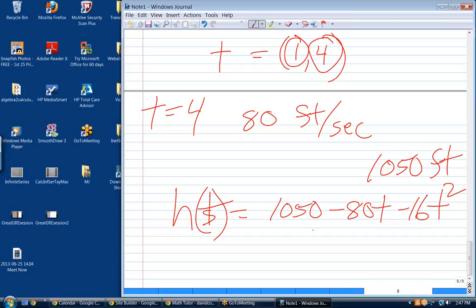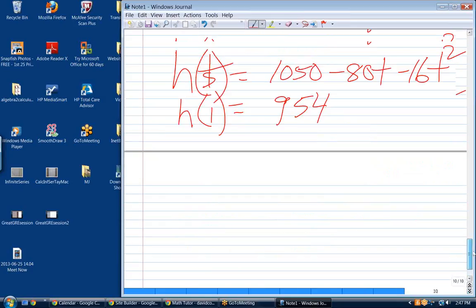So let's figure out h of 1. That's 1050 minus 80 minus 16. So 1050 minus 96 must be 954. So that's h of 1.